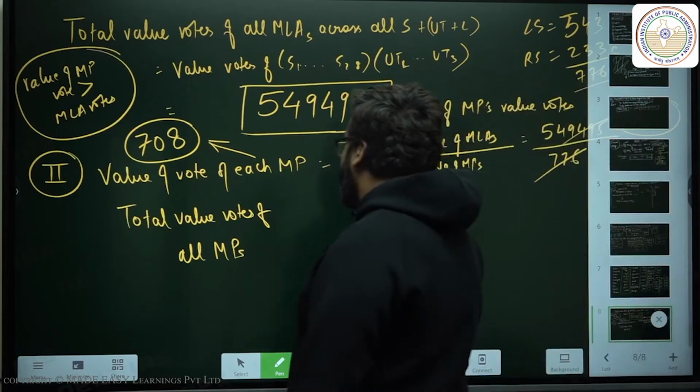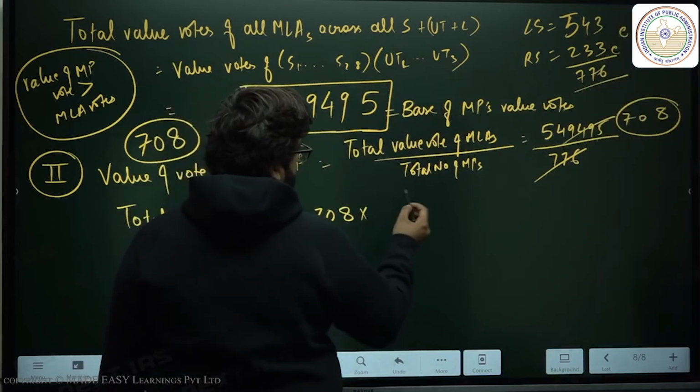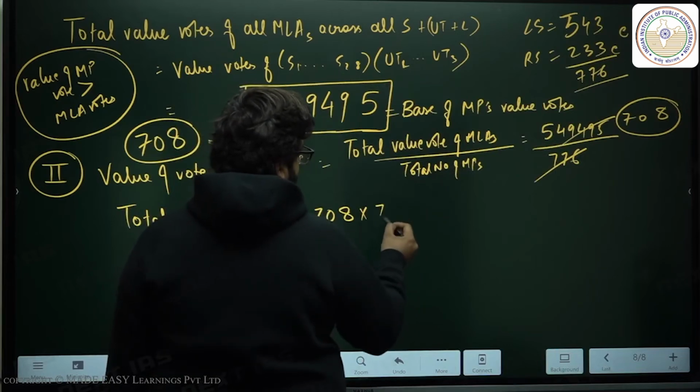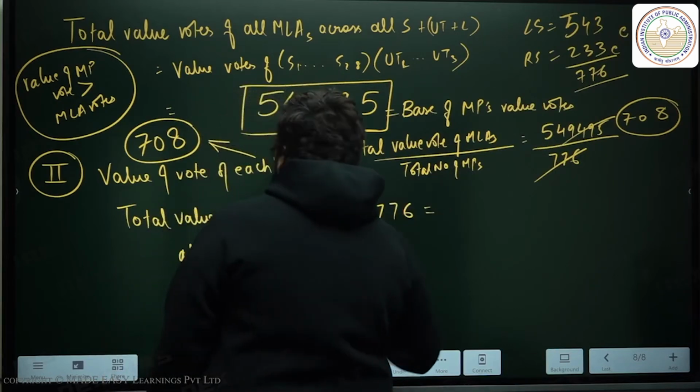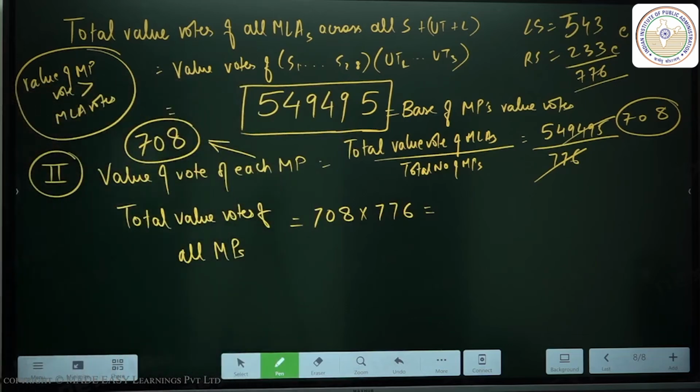बस. So total value votes कितने हुए? 708 into total number of elected MPs 776. This will be 549408.